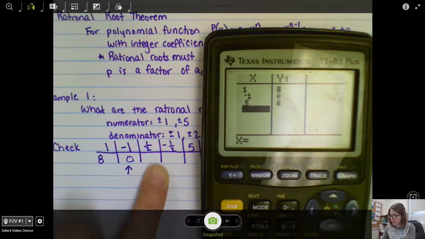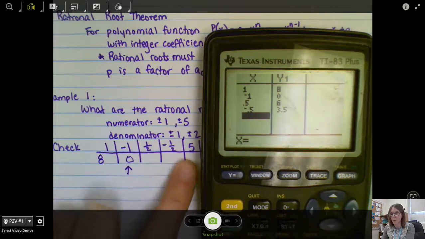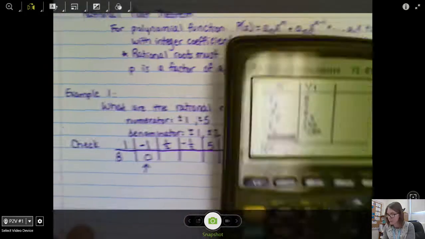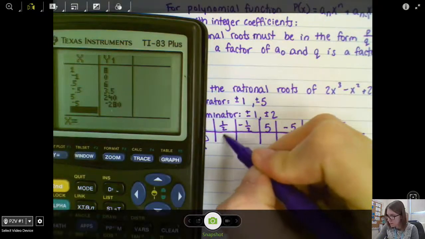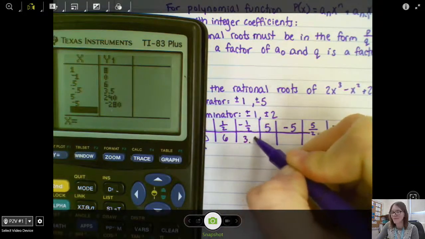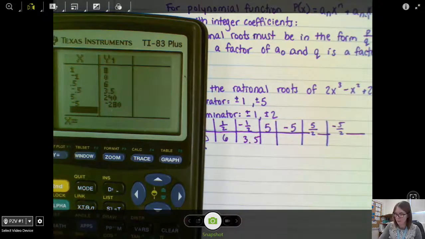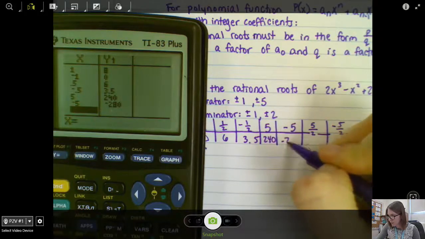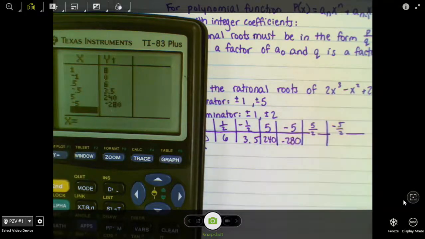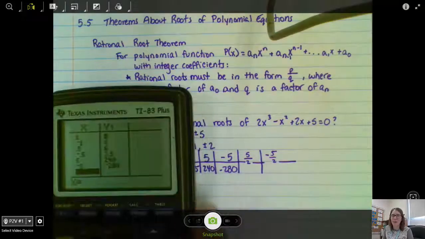1/2, -1/2, and I'm going to keep entering a couple more before I write these down. 5, -5, and then my last roots that we have to check, 5 halves and negative 5 halves.